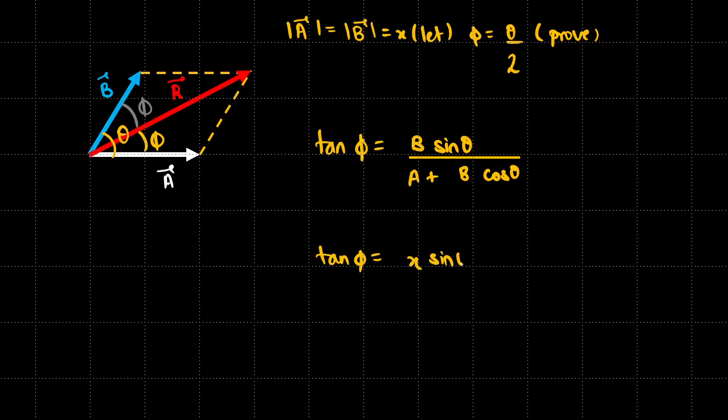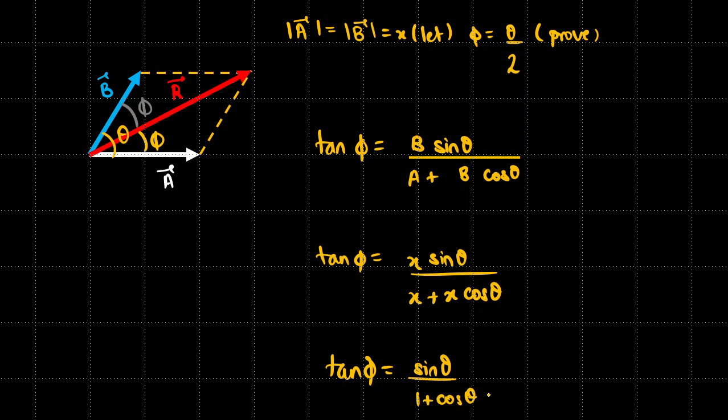I'm letting A and B be equal to X so that it is easier to handle. If you take X common, you can cancel the X from the top and bottom. So you will get tan phi equals sine theta by 1 plus cos theta. Now what should I do?